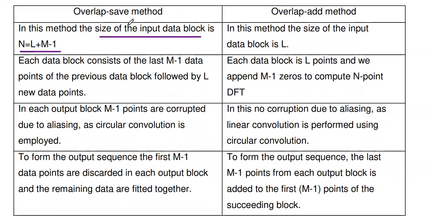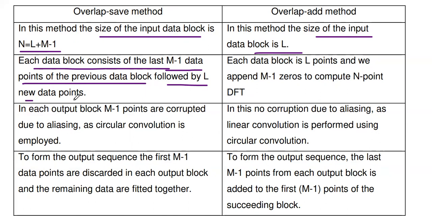But in the overlap add method, the input data block is capital L. Each data block in overlap save consists of the last M minus 1 data points from the previous data block followed by L new data points. This is already explained in a very detailed manner in that particular problem.